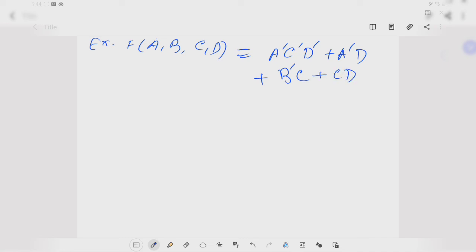The function now is in terms of 4 variables, A, B, C, D, and it's not in terms of minterms. It's a regular function: A prime C prime D prime, plus A prime D, plus B prime C, plus CD, plus A B prime D prime.